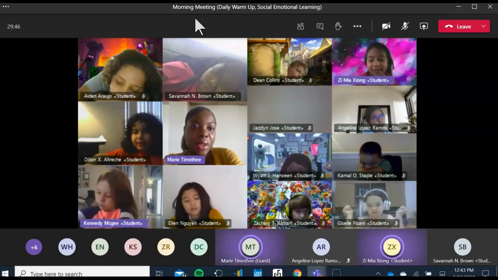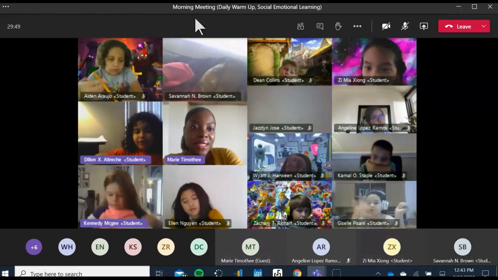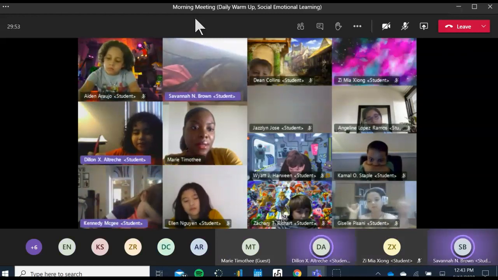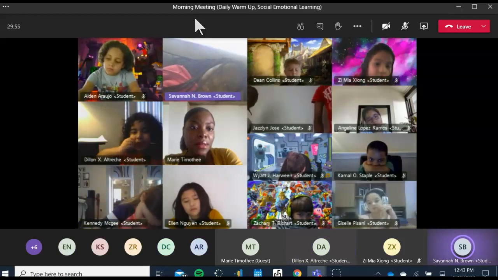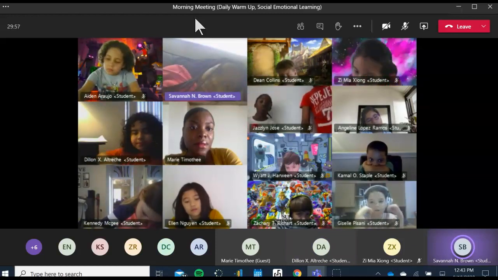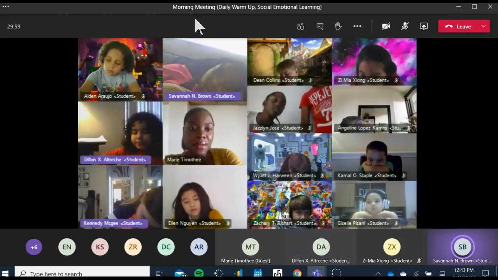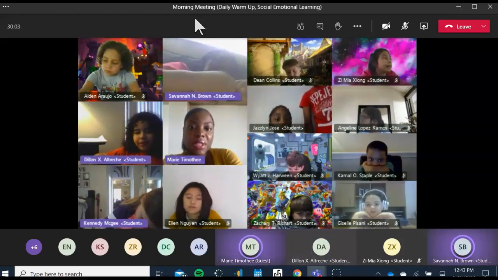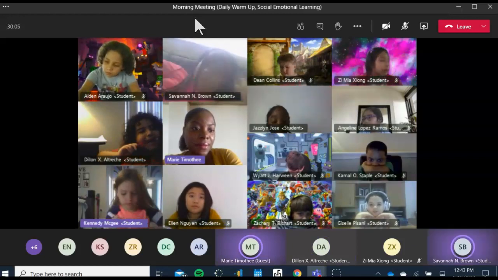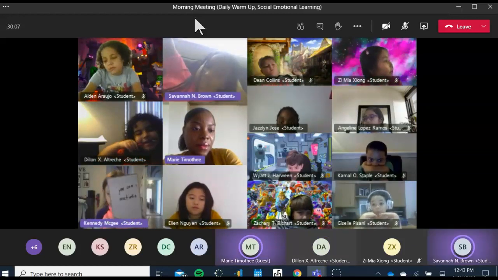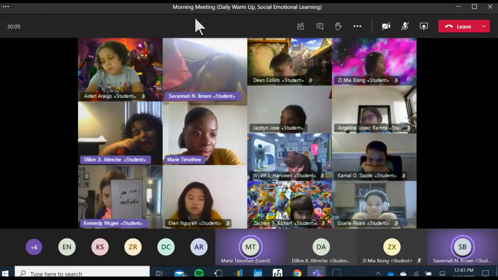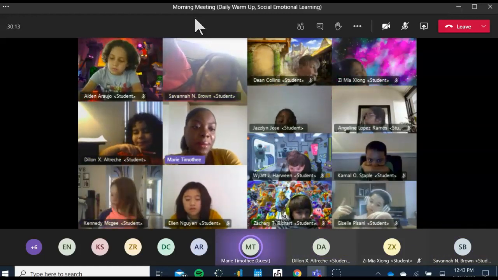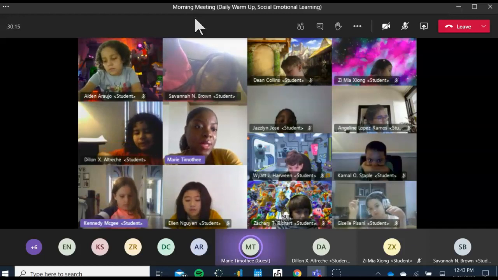Miss Timothy, you can get a ruler and measure the sides, and if they're not equal, you have to add them. But if they're all equal, you can multiply. Good job. Kennedy, did you want to add to that? Okay, you can multiply. Good job. And remember, to multiply, all the sides have to be equal.